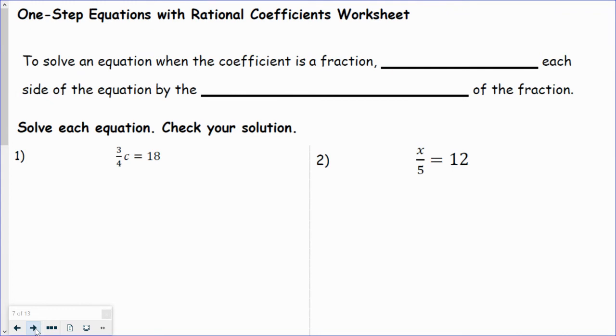All right, one-step equations with rational coefficients worksheet. To solve an equation when the coefficient is a fraction, remember what we need to do. What is it that we need to do? We need to multiply each side of the equation by the, I'm horrible at spelling.